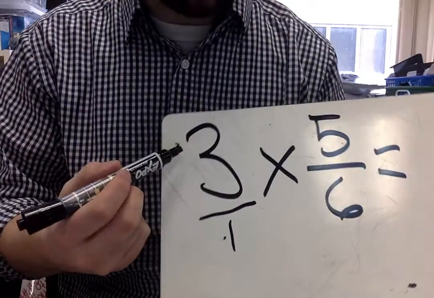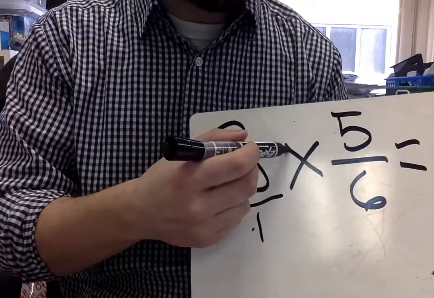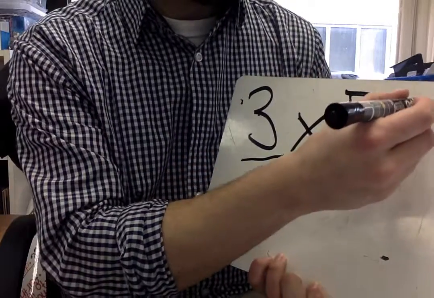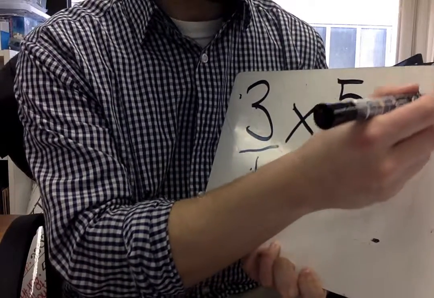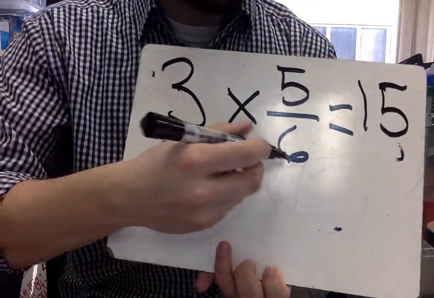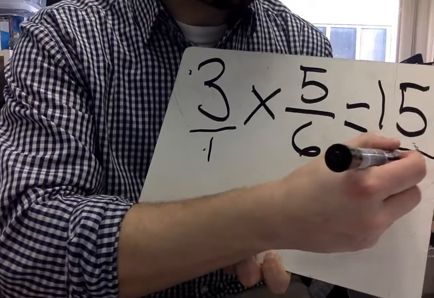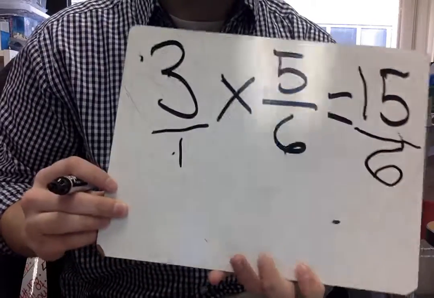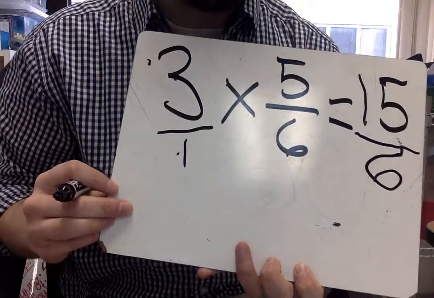And now I can just multiply across. 3 multiplied by 5 is 15. 1 multiplied by 6 is 6, so my denominator is 6. So my answer is 15/6.